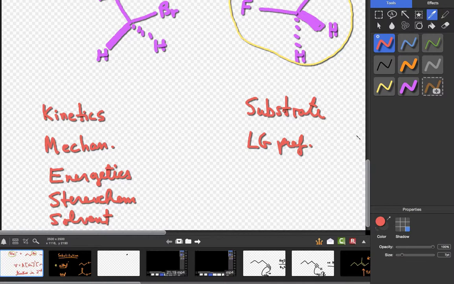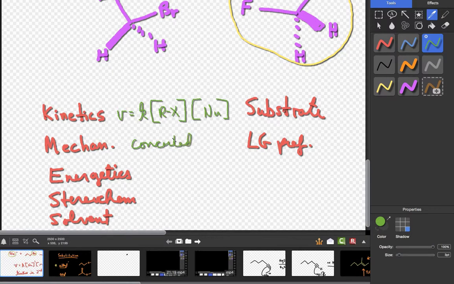So in SN2, we know the kinetics. Rate equals rate constant times the concentration of the substrate, which I'm going to generally represent as Rx, times the concentration of the nucleophile. The mechanism is concerted. The energetics, that's the potential energy diagram.